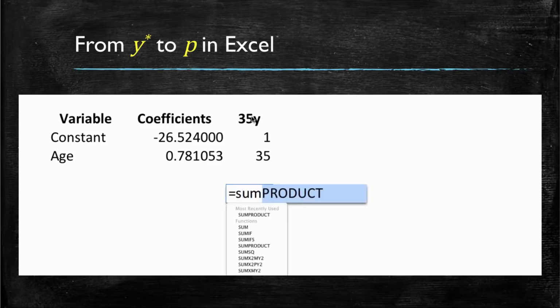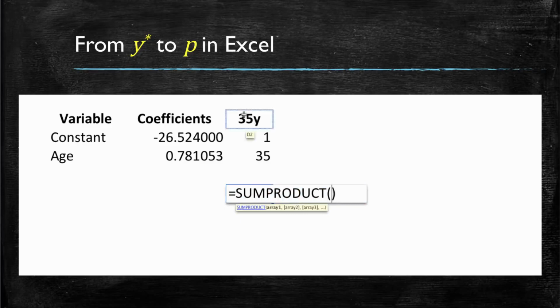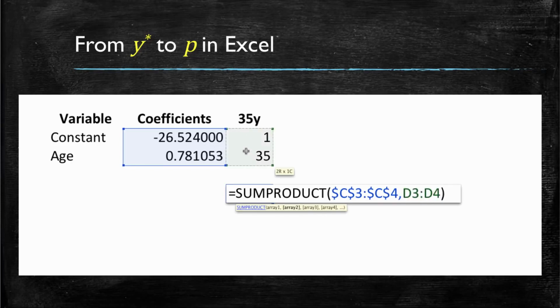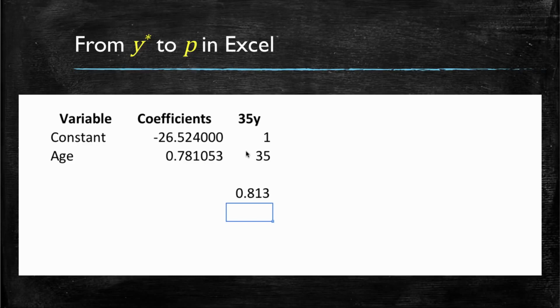So now we simply perform the sum product of the coefficients, and I'm going to lock in these values so that we can multiply them by several sets of independent variables. I'm going to multiply the coefficients times my x's. We get a 0.81. Is this the probability of a customer that is 35 years old subscribing to the magazine?